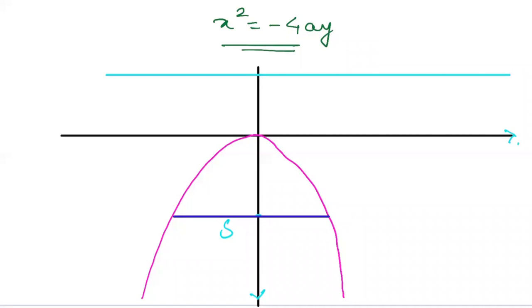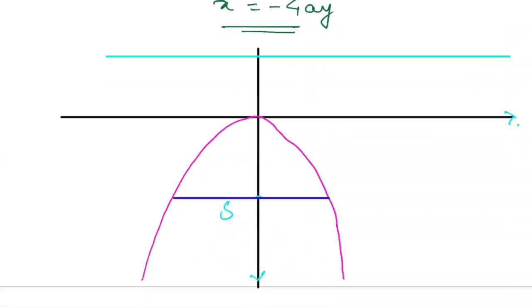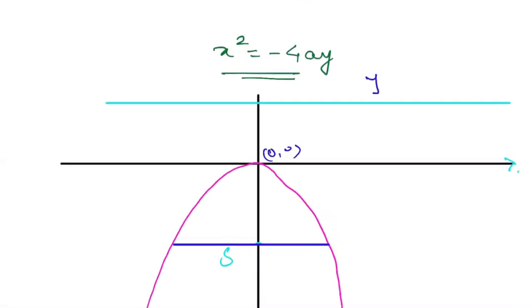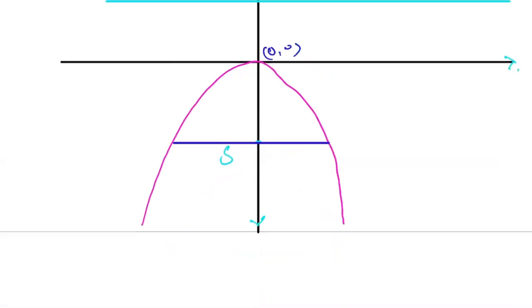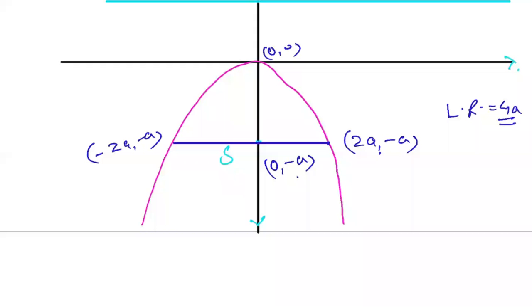So obviously vertex (0, 0). y minus a is equal to 0 is the directrix. Focus (0, minus a). Ends of LR (2a, minus a), (minus 2a, minus a). Length of LR is 4a.